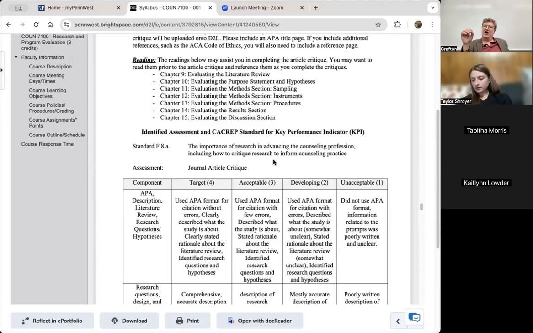So 2 content pages minimum. These could usually be a little more than that. They can be as long as you want. You can write as much as you want, but it's got to be 2 complete pages with correct margins and spacing and regular font and font size and all of that.